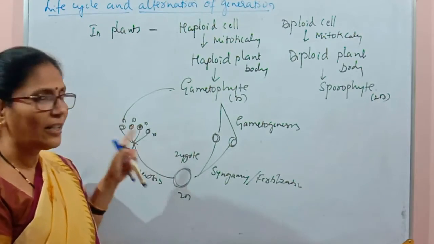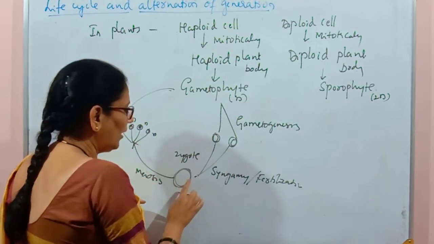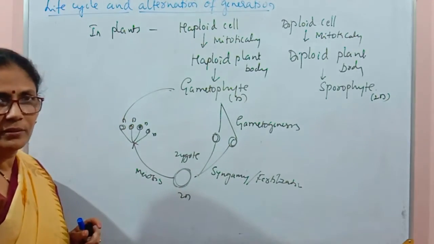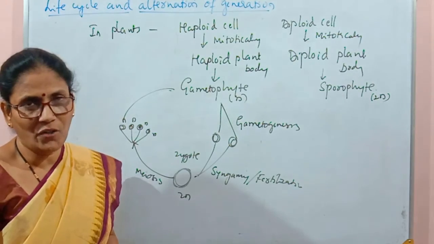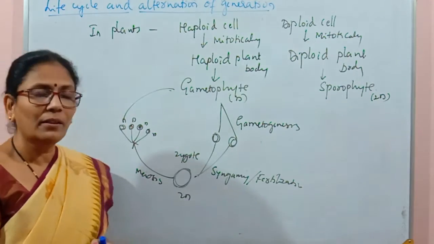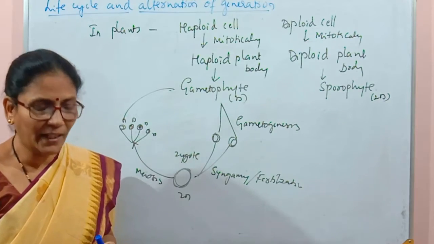So this life cycle alternates between haploid gametophyte and diploid sporophyte, and such a life cycle is called alternation of generation.